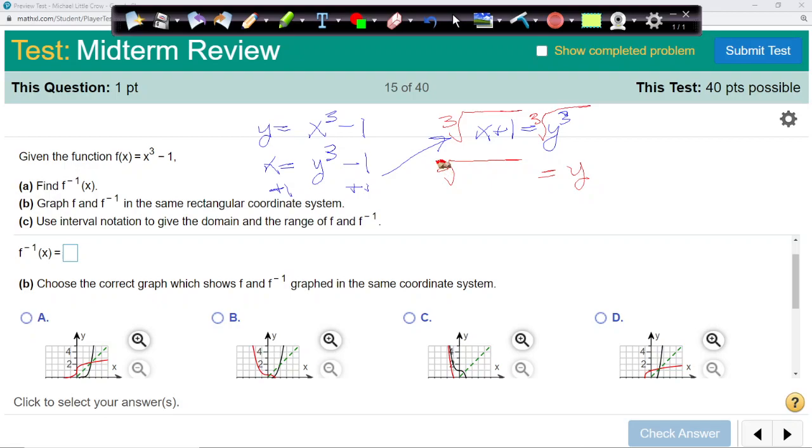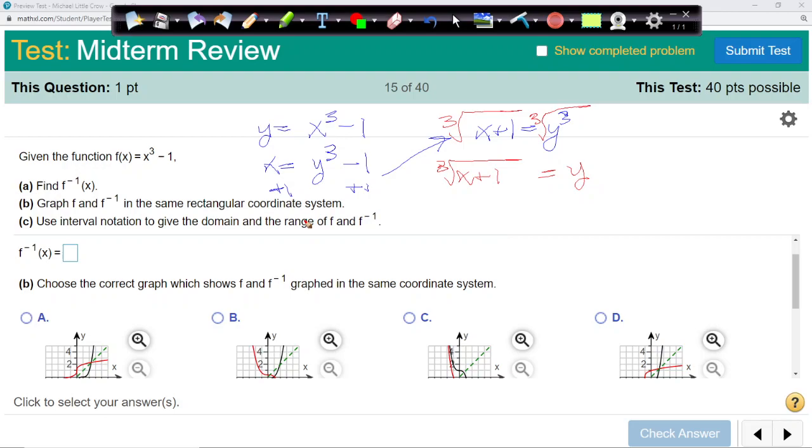cube root x plus 1. Because it's a cube root, you can have negatives in here. Square roots we can't, so that's when you would say, okay, this inside cannot be negative. But cube roots we can take because you're doing 3 and you can't get negatives.